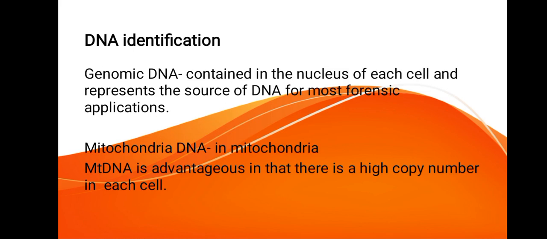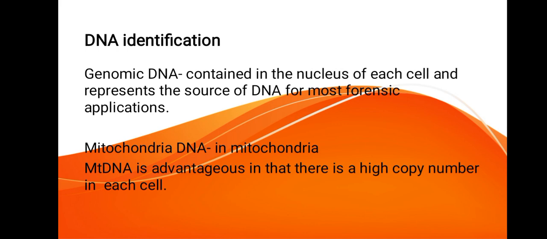Then you have DNA identification. In odontology, we have genomic DNA and we have mitochondrial DNA. Genomic DNA is nuclear DNA, that is the DNA that's contained in the nucleus of each cell and represents the source of DNA for most forensic applications. Mitochondrial DNA is found in the mitochondria.